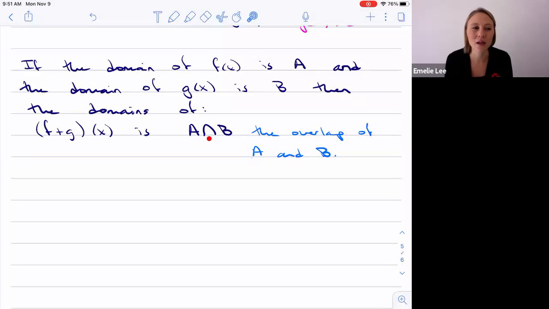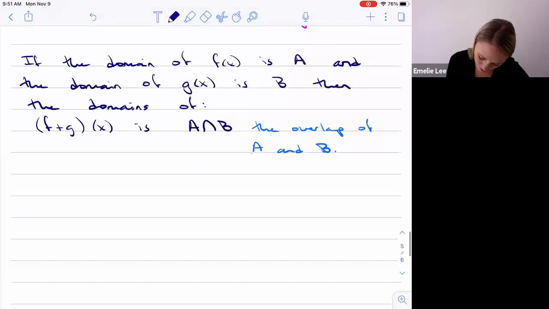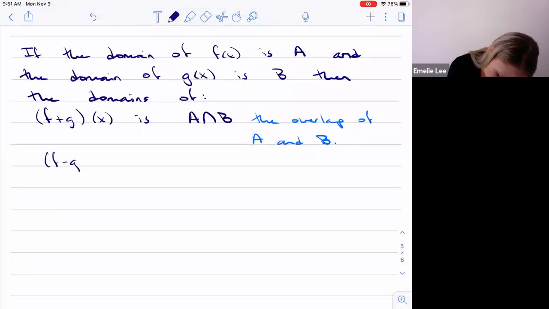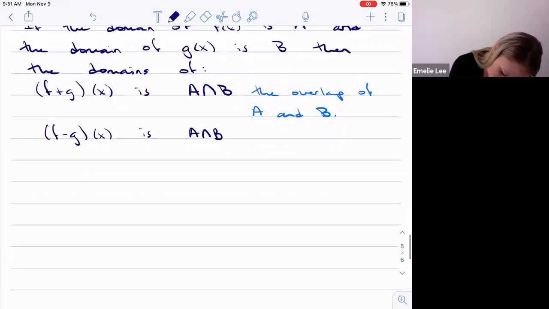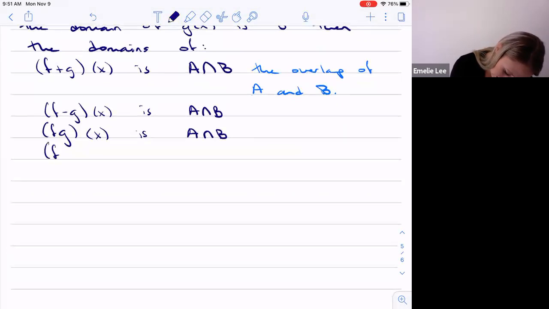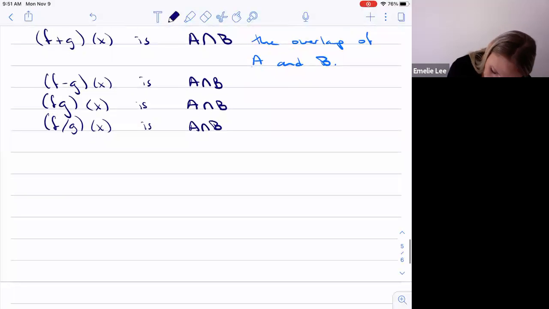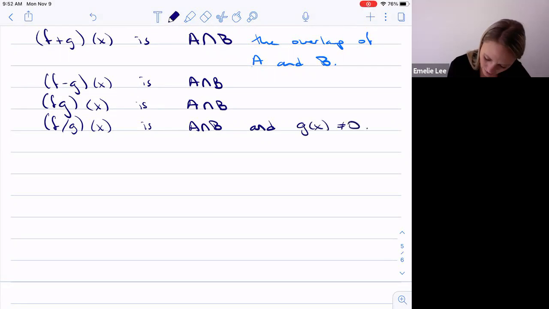It's going to be the same for all of these with the restriction on the division. So f minus g of x is A and B. f times g of x is A and B. And f divided by g of x is A and B, and g of x cannot be equal to 0, right?